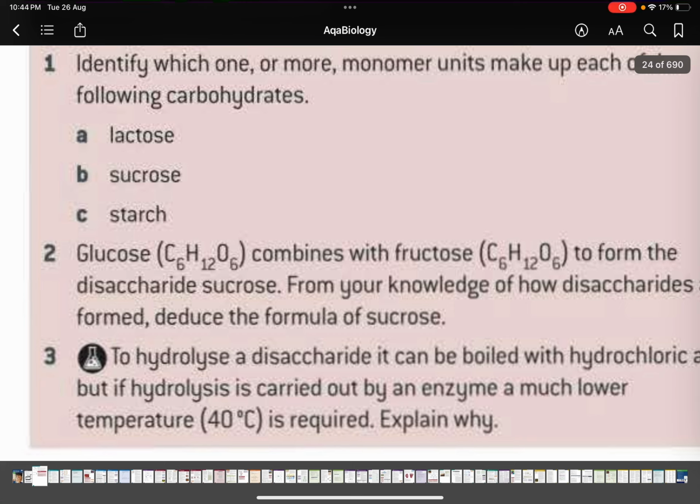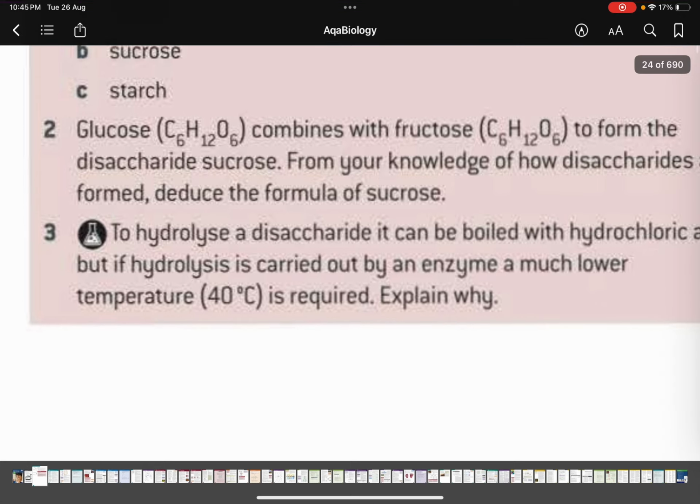Instead of 24 hydrogens, you're going to get 22, and instead of 12 oxygens, you're going to get 11. That is a little bit tricky, but just remember the fact that a water molecule is lost, and that water molecule is lost from the monosaccharides themselves. It's not just appearing out of thin air.